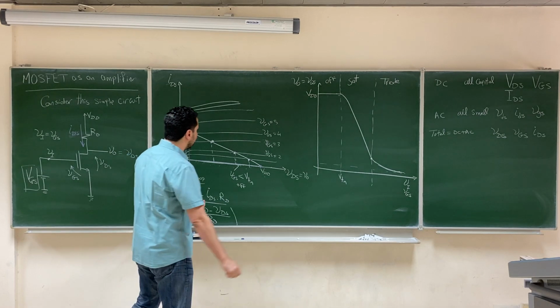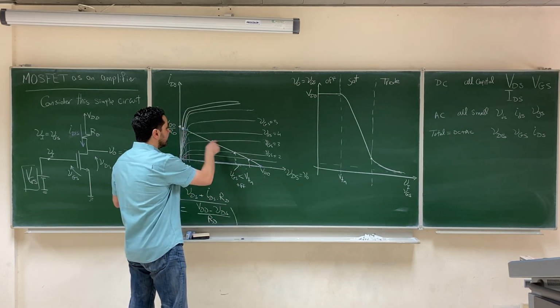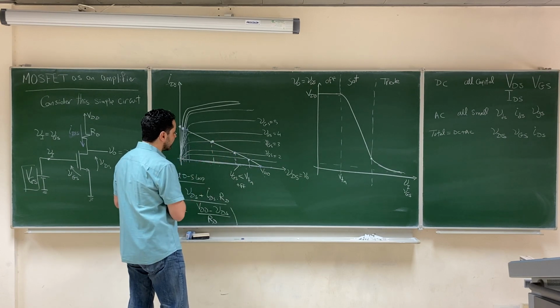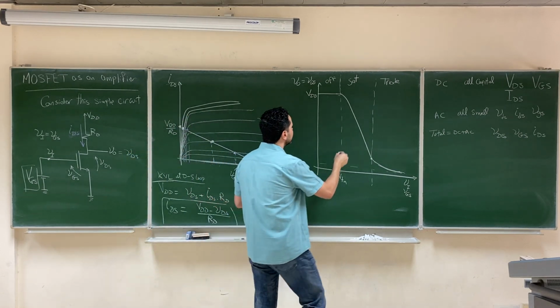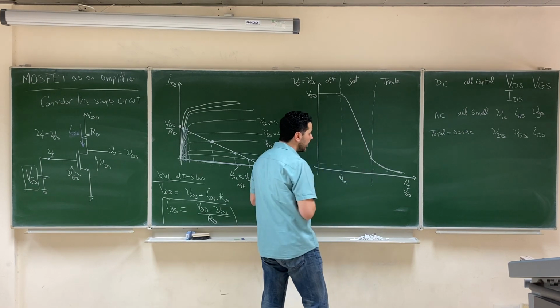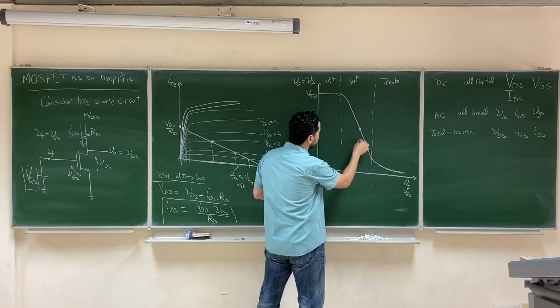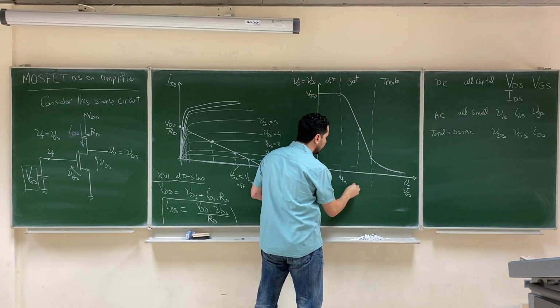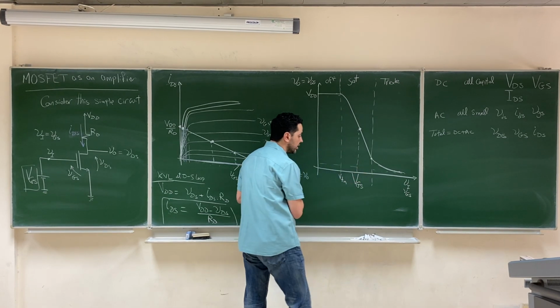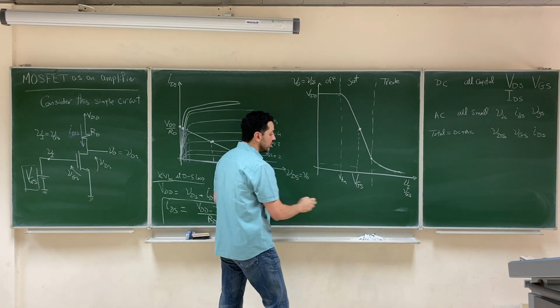Our DC value of VGS will cause the operating point to be in the middle of the saturation region. Let's take it like this. Now, in the middle of the saturation region, this is our DC value, capital V capital GS. This is our DC operating point.